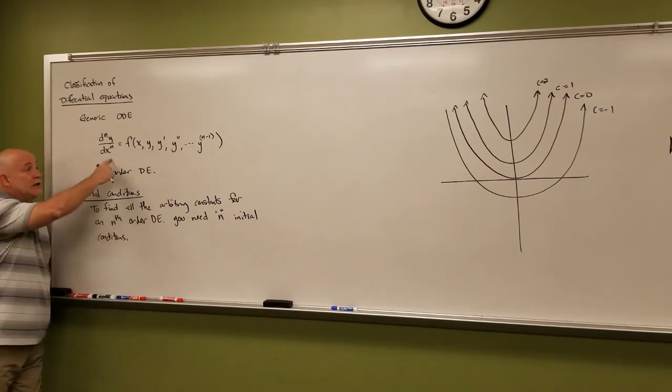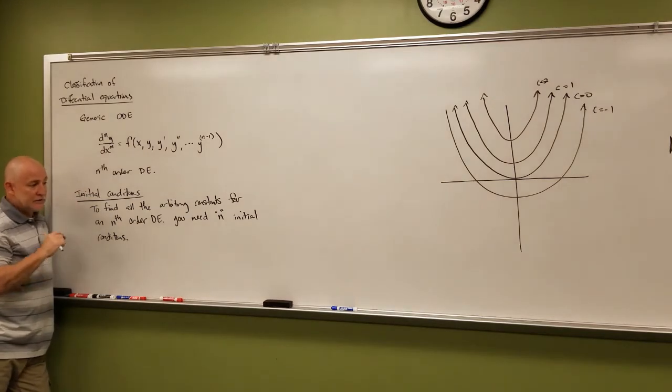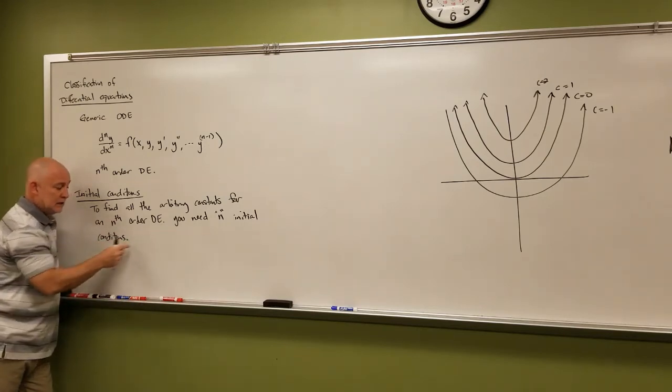Okay, so if you're solving an nth order differential equation and you want to find a specific solution, not just an arbitrary solution, a very specific solution, then you're going to need n initial conditions.